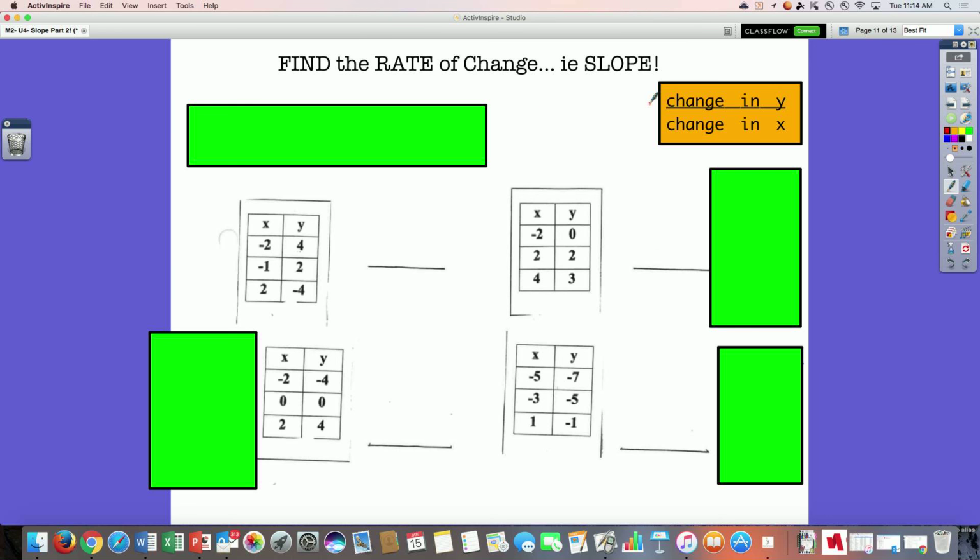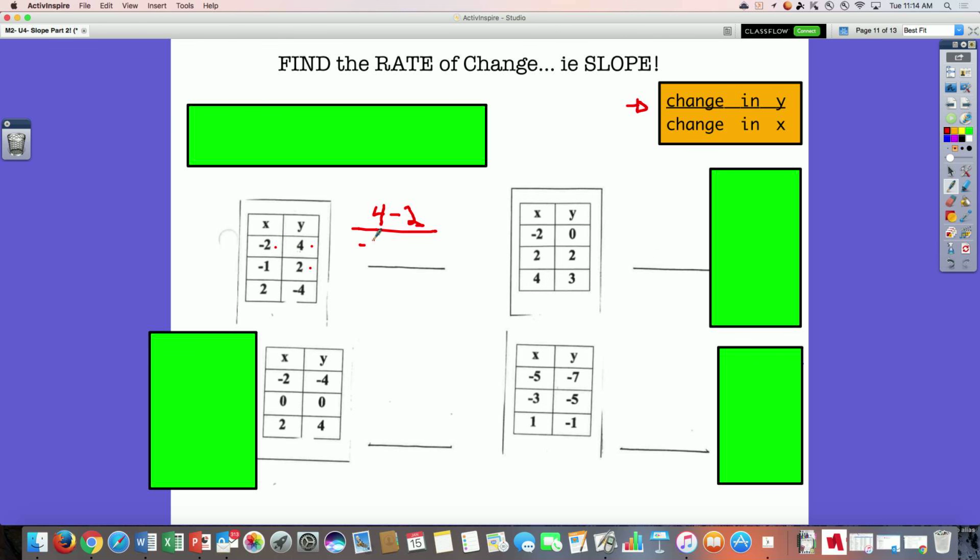Rate of change, basically slope. You're talking about change in y over change in x. This is the formula you're kind of using. So all I was doing in these, let's do this one together. I'm going to take this y and subtract that one, right? Change in y, 4 minus 2 over change in x.